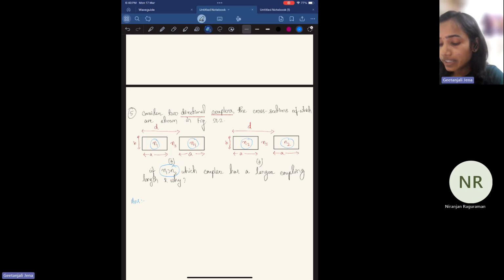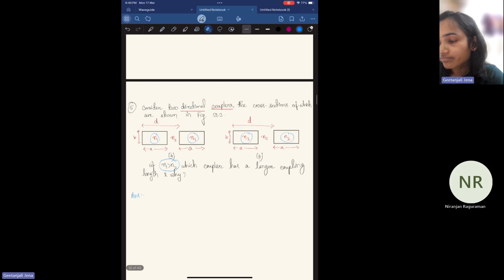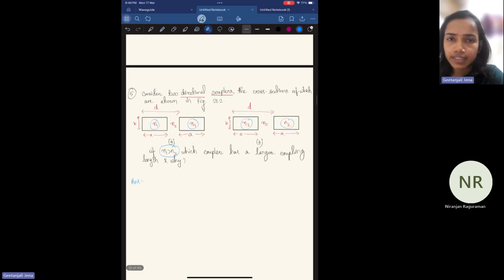Okay, so let me tell you the answer. If you take identical or non-identical, both will give the same answer because the only difference is delta beta. Delta beta will be there in the gamma, or it is zero in the identical waveguide.